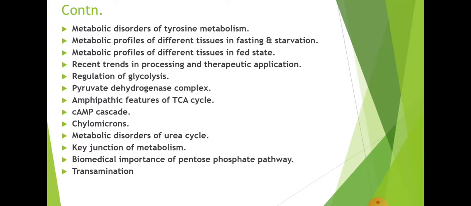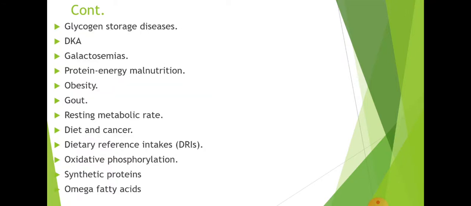These are the topics: metabolic disorders, tyrosine, metabolic profile, recent trends in processes, chylomicron, biomolecule transamination, glycogen storage disease, diabetic ketoacidosis, galactosemia, protein, obesity, gout, resting metabolic rate, diet and cancer, omega fatty acids.